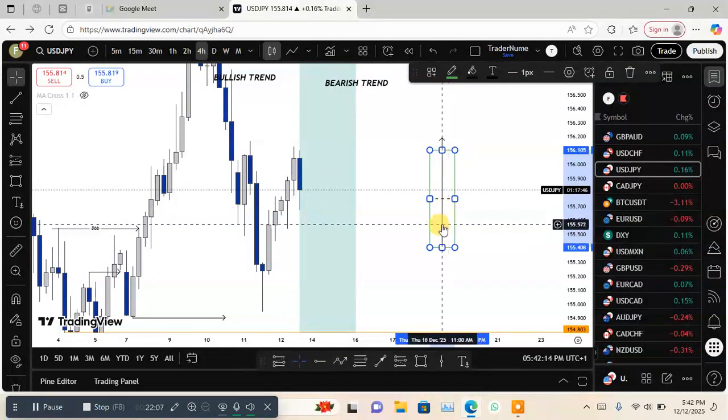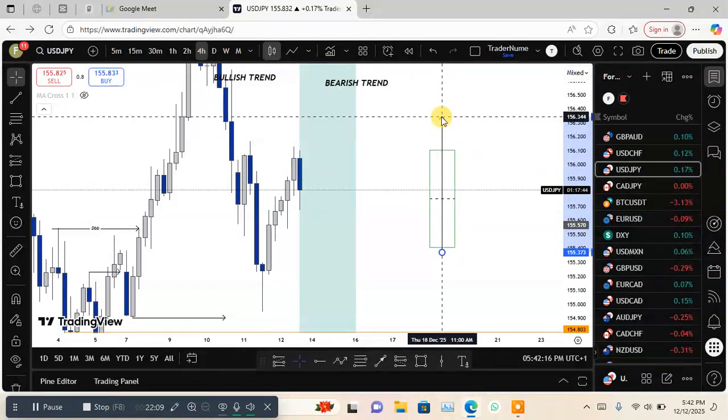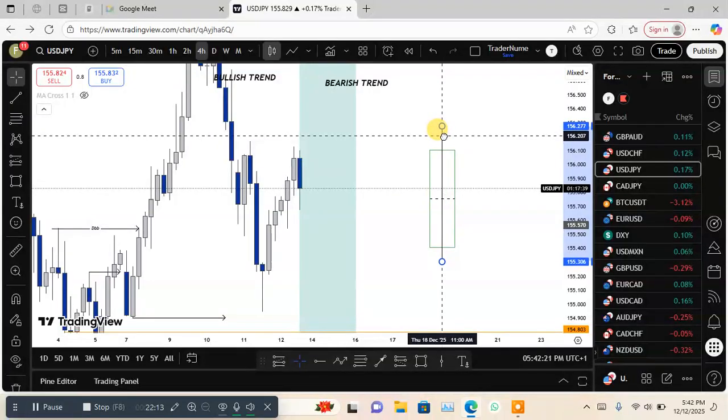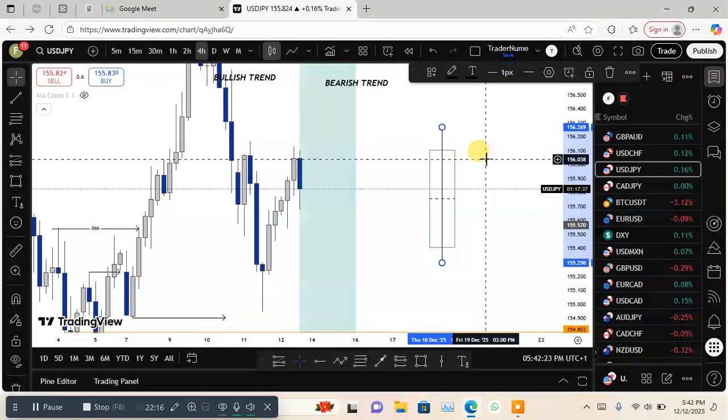So let's say this is our candle, and let's just call this one a bullish candle.